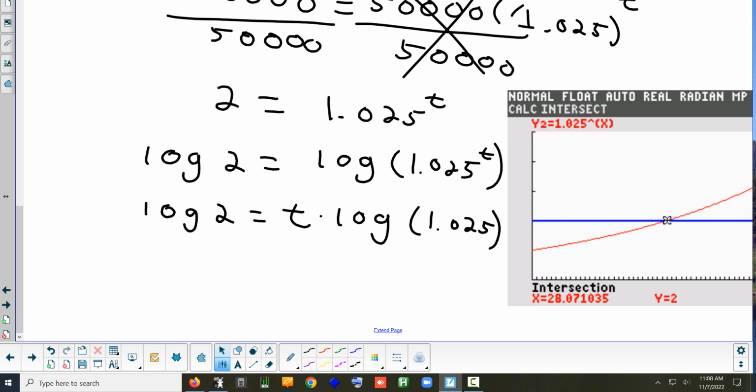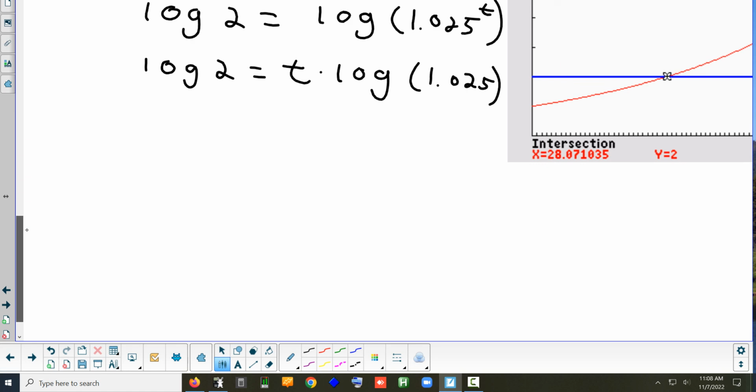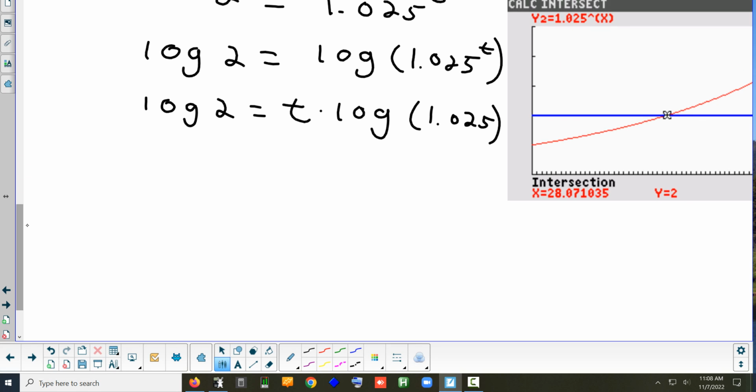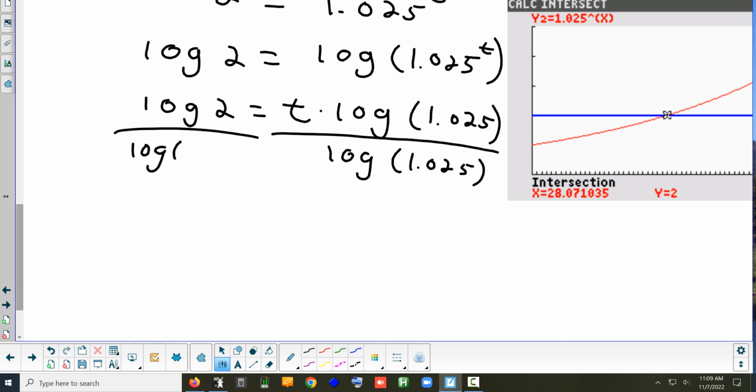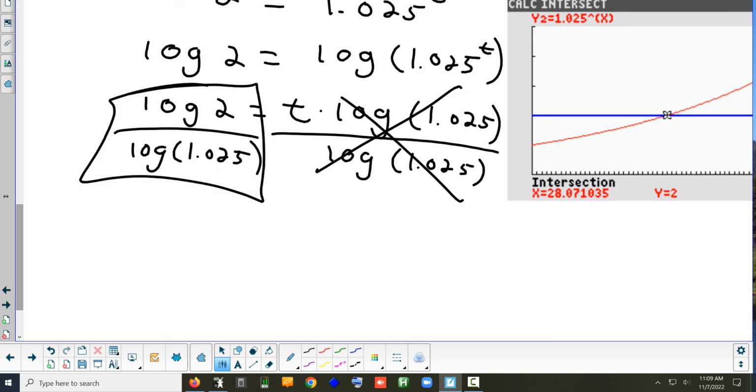And now how would I get t by itself? Divide both sides by log of 1.025. That cancels. And there you go.